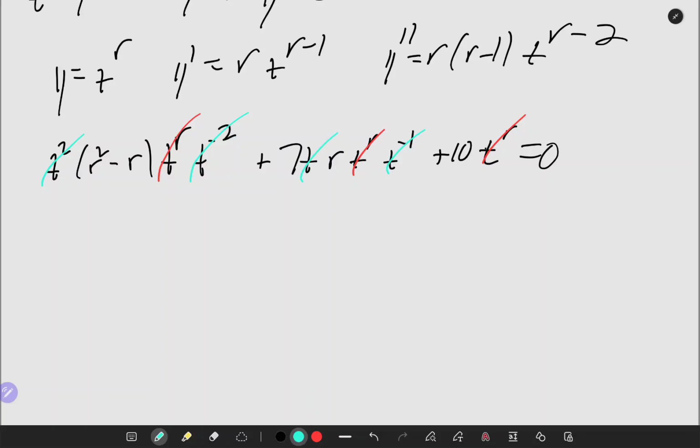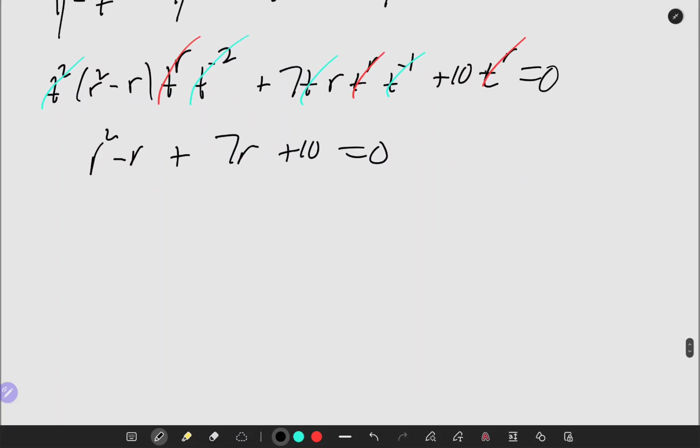Okay, and that's it. So we have r squared minus r plus 7r plus 10 is equal to 0. R squared plus 6r plus 10 is equal to 0. So right away, if you can't tell, this is not factorable very nicely.